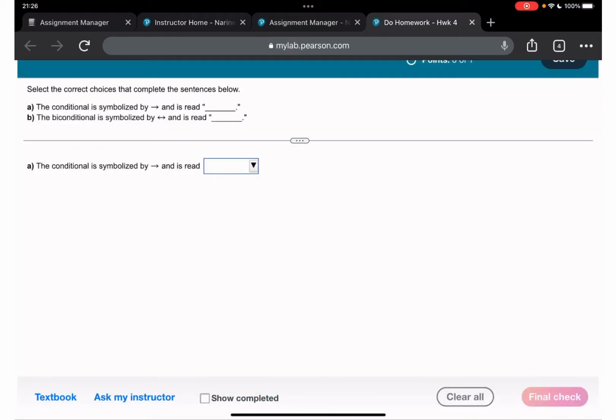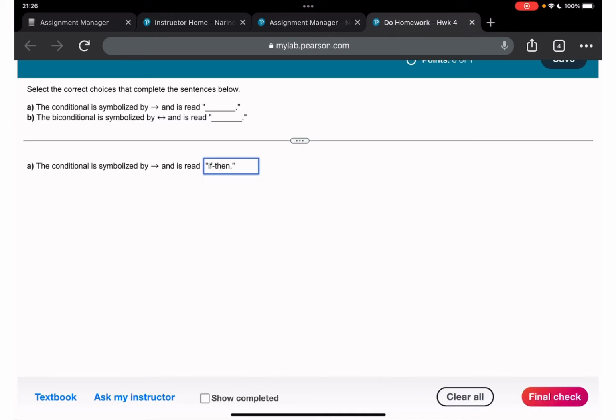Question number 4. Select the correct choices that complete the sentence below. The conditional is symbolized by an arrow and is read as if-then.